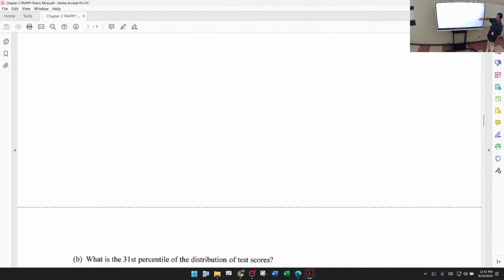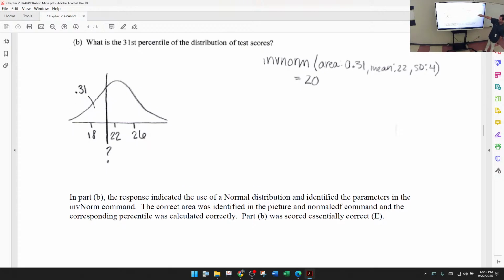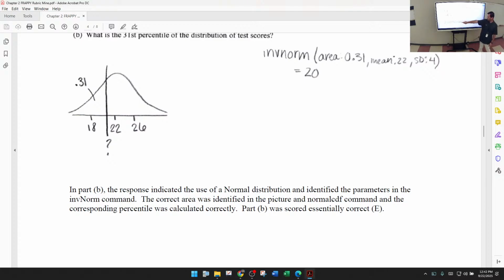Look at this student's answer here. Normal curve, 22, 26, 18, 31. Inverse norm, area 0.31, mean 22, standard deviation 4, 20. Yay? E. The response indicates a normal distribution. Identified the parameters.